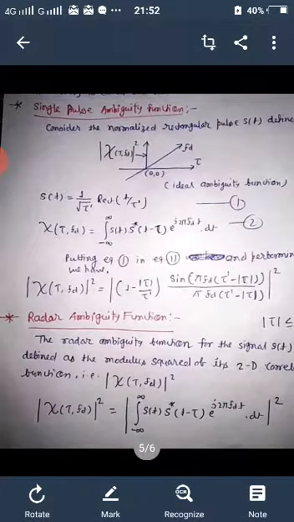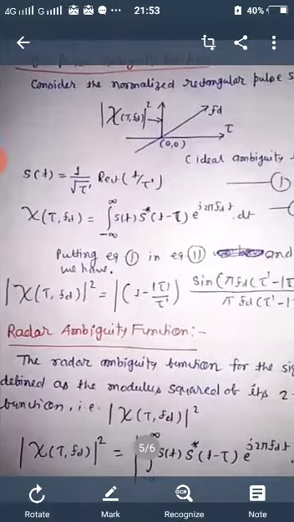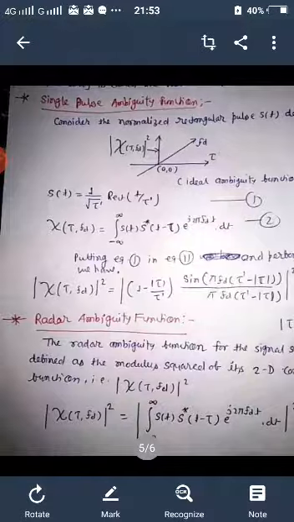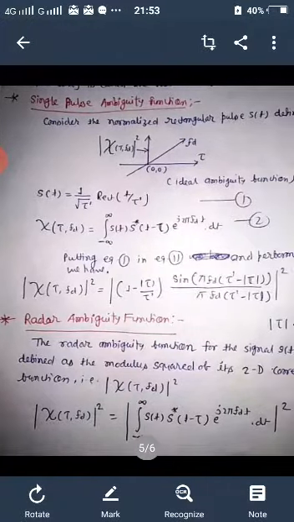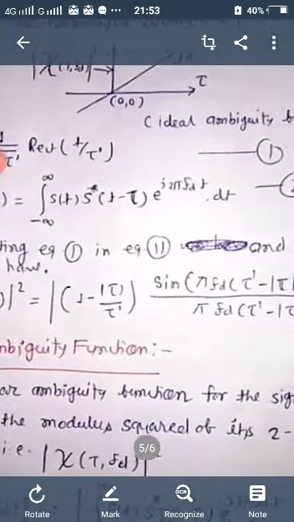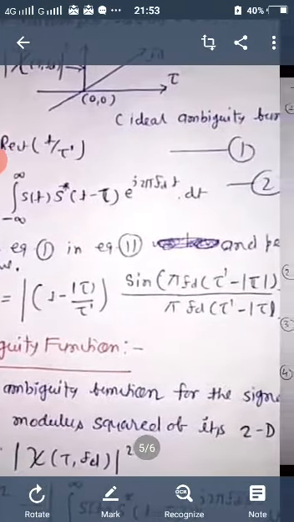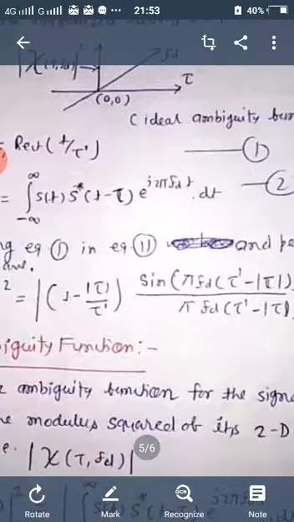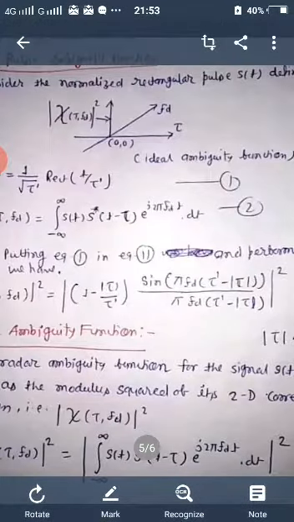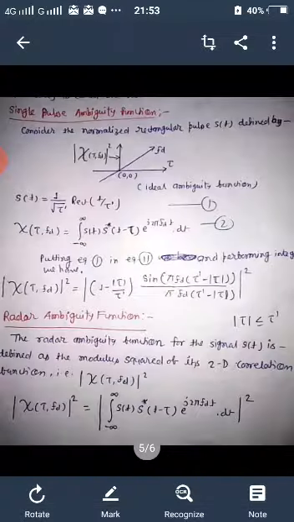If we put the value of s(t) from equation 1 into equation 2, then modulus of chi(tau, f_d) whole square equals modulus of (1 minus mod tau over tau') times sin(pi f_d (tau' minus mod tau)) over pi f_d (tau' minus mod tau), whole square.